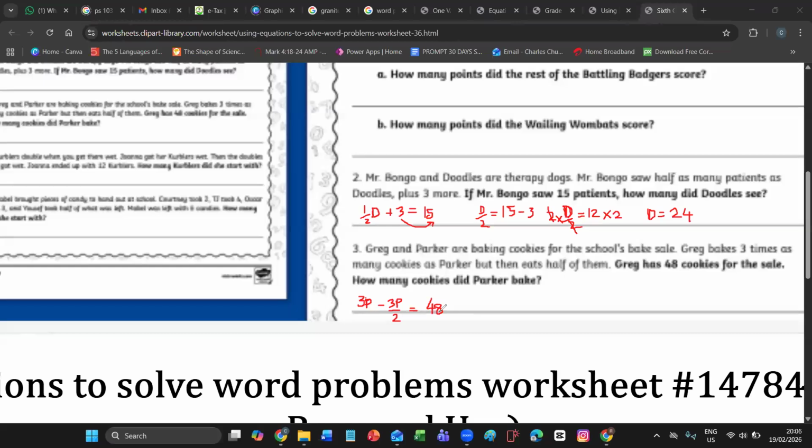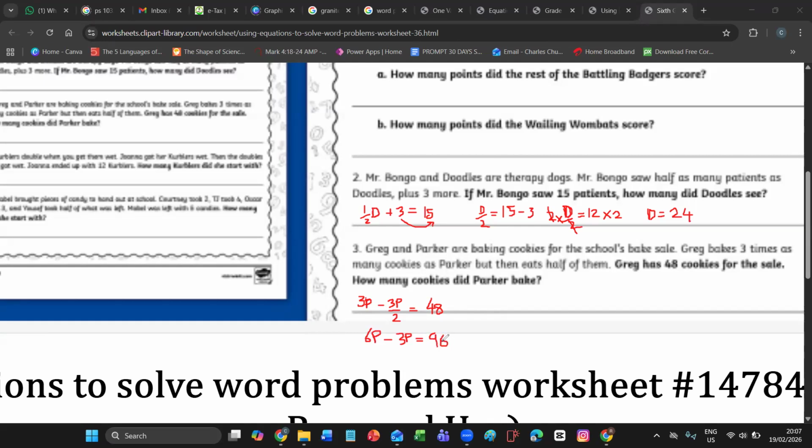So 2 times 3p will give me 6p, minus, and I multiply 3p over 2 by 2, it will leave me with 3p. And all this will be equal to 2 times 48, which is 96.